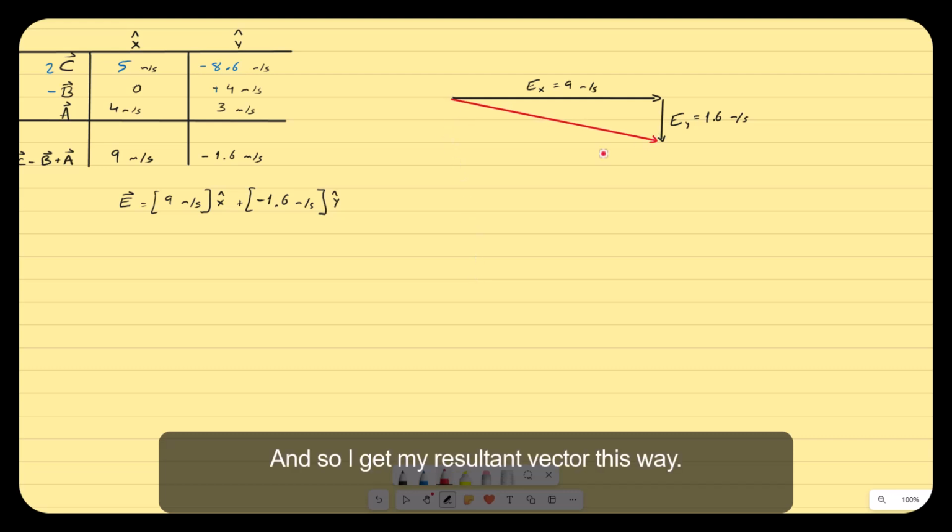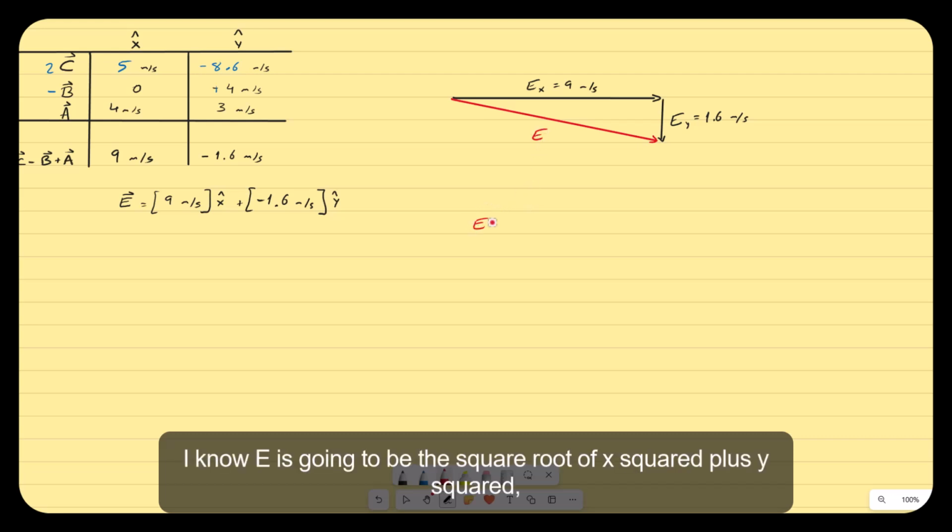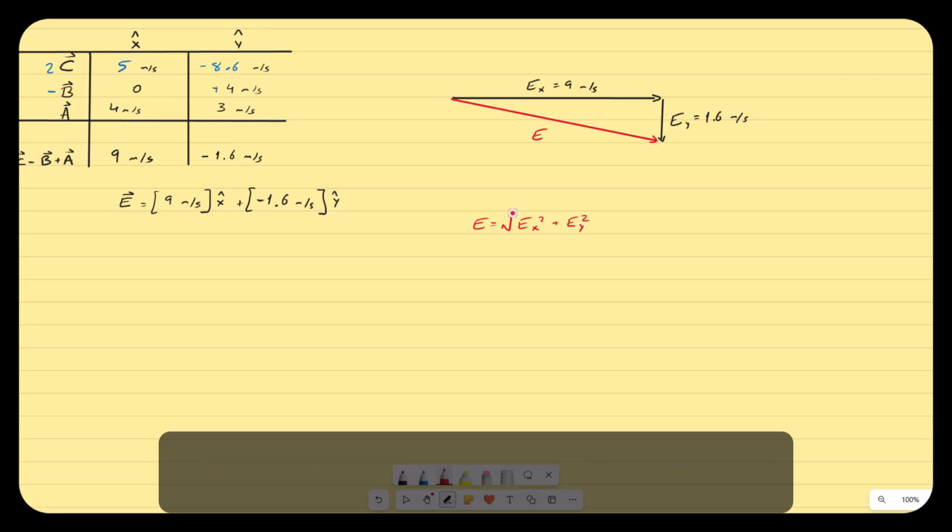And so I get my resultant vector this way, E. I know E is going to be the square root of Ex squared plus Ey squared, which comes out to be 9.14.